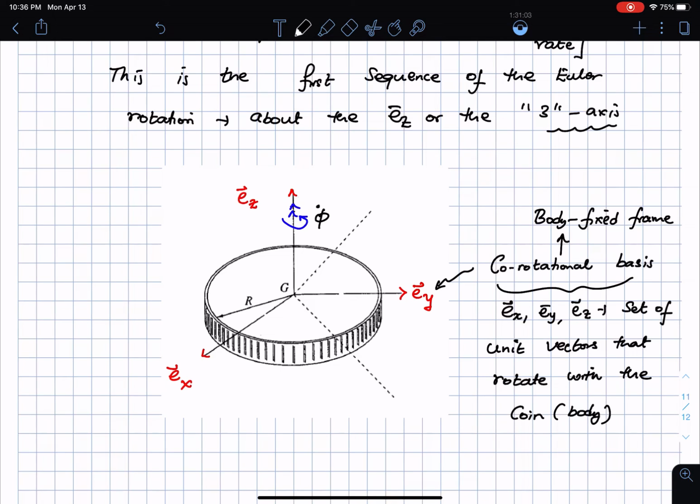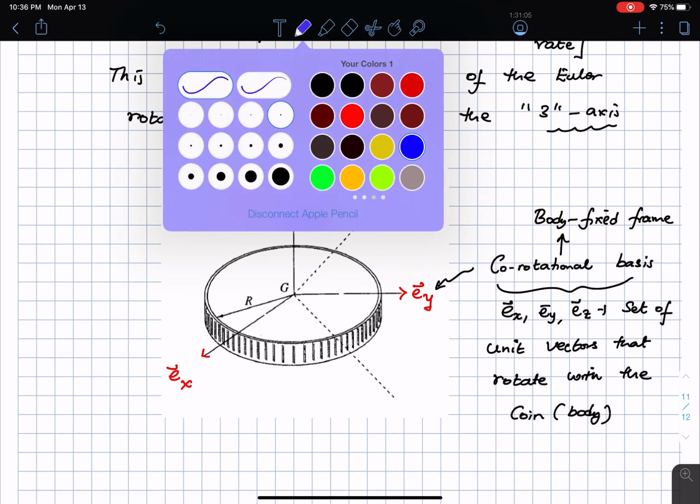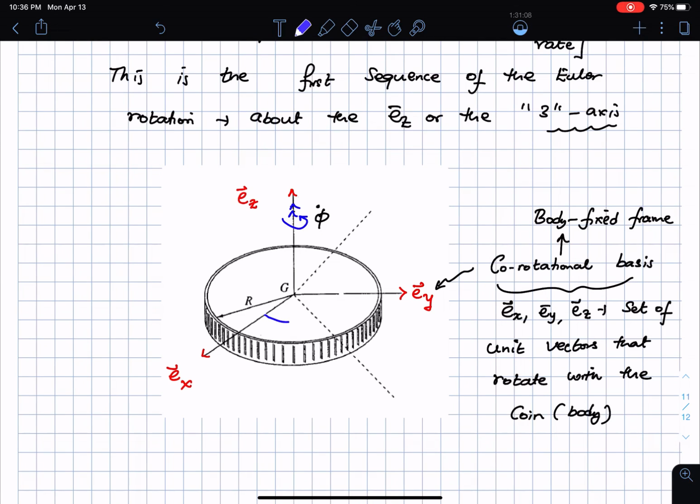So after the rotation has been done, here is what the situation is. You will see that this axis, after the rotation has been done, is rotated by an amount phi. This is also rotated by an amount phi. Which means that now the EX and EY directions are going to be rotated, and so I'm going to have new directions. I'm going to call them E1 prime and E2 prime, and then E3 prime is the same as EZ.